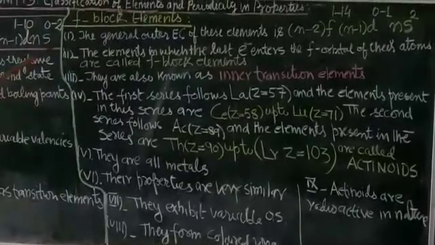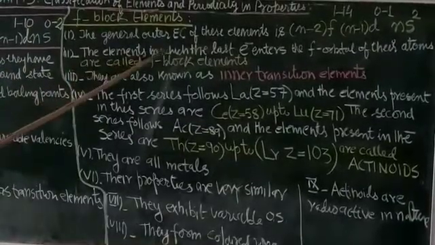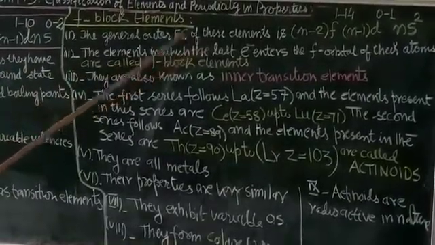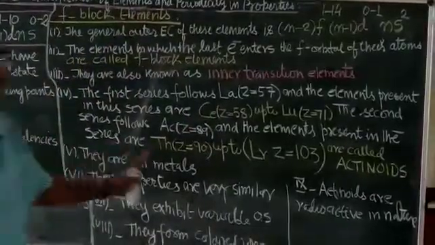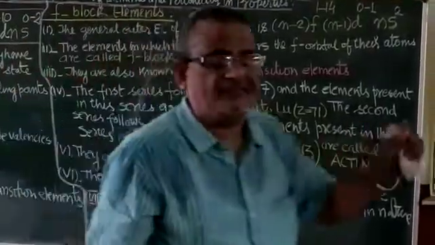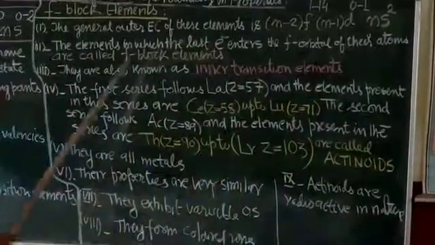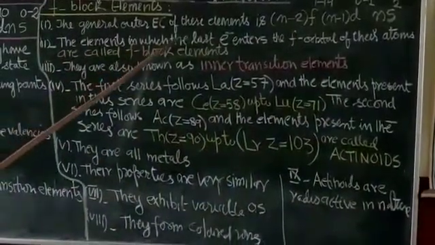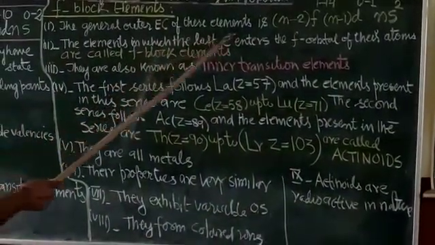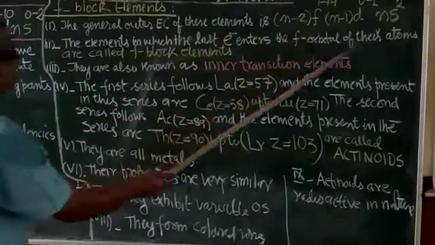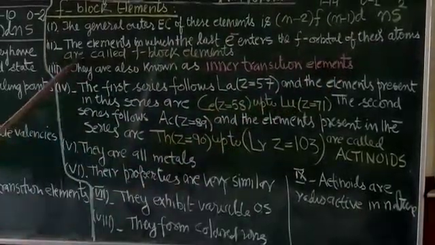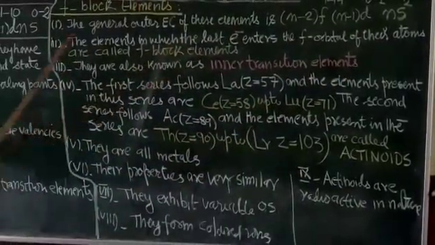Property number 2: how do you define f block elements? The elements in which the last electron enters the f orbital of their atoms are called f block elements.